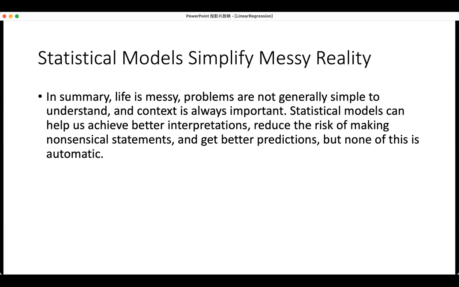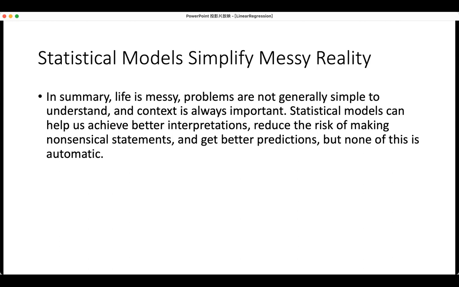To be honest, the statistical model always simplifies your problem. I mean, we just couldn't build a simple statistical model otherwise. For example, remember the linear regression that we just talked about.